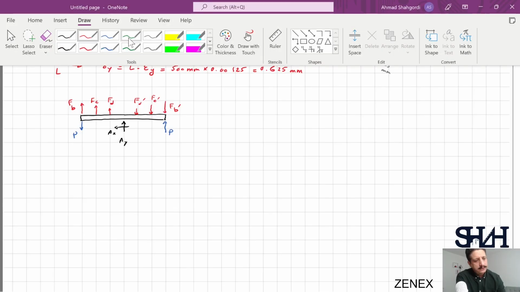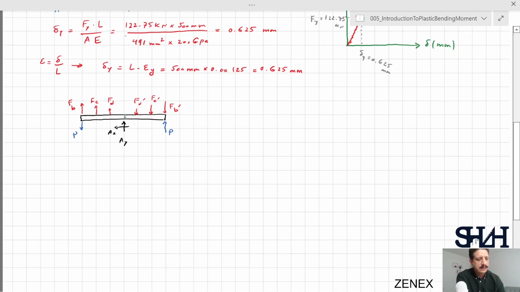If we apply the load, then the rigid element starts to rotate about point A. So we would expect that this deformation is achieved. I can sketch it separately so that it is easier to follow, and it is exaggerated.